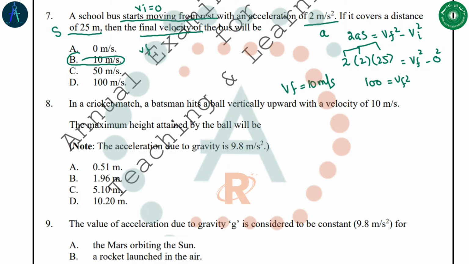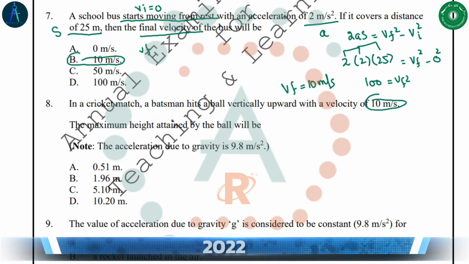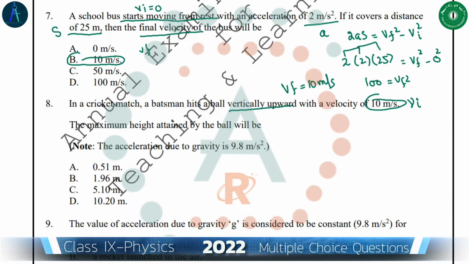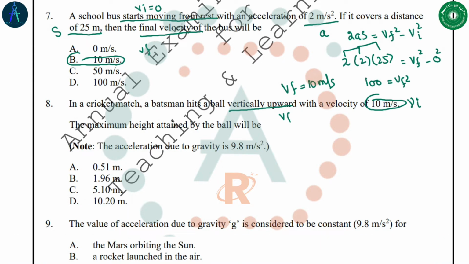In a cricket match, a batsman hits the ball vertically upward with a velocity of 10 meters per second. This is the initial velocity, and the ball is moving vertically upward, which means the final velocity of the ball will be 0.